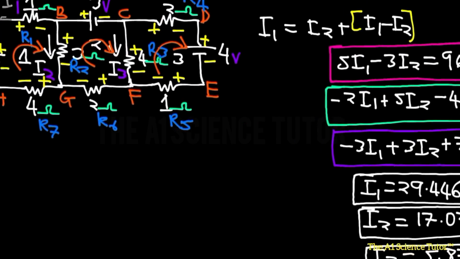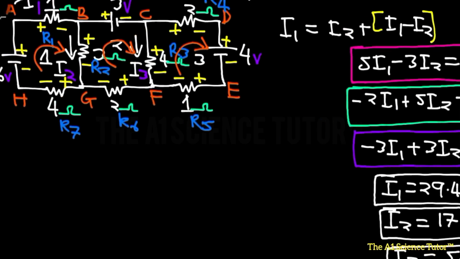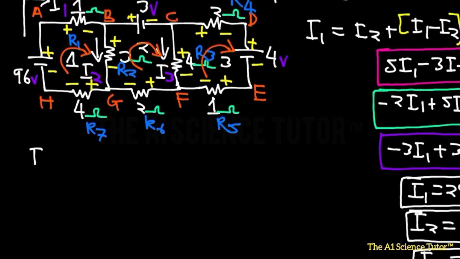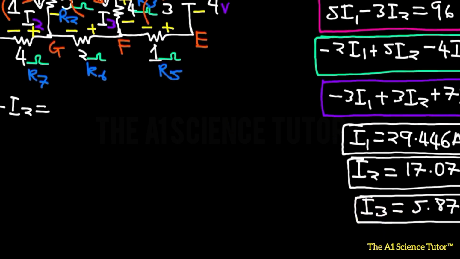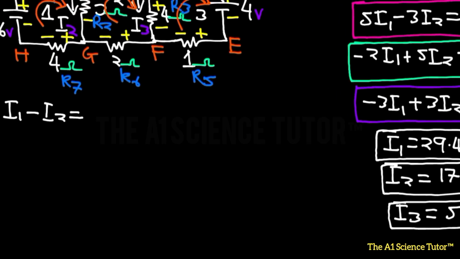Now we're going to try to make some things work. So let's find out what I1 minus I2 is. I1 is 29.446 and I2 is 17.076. So that's equal to 12.37 amps.